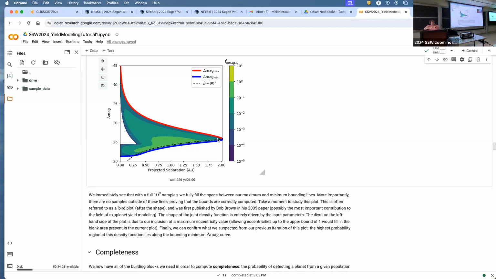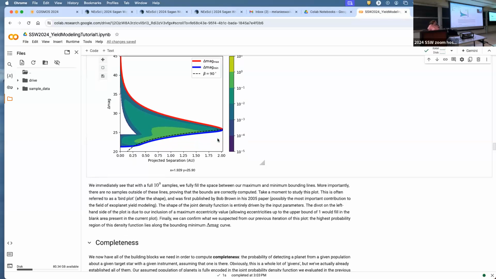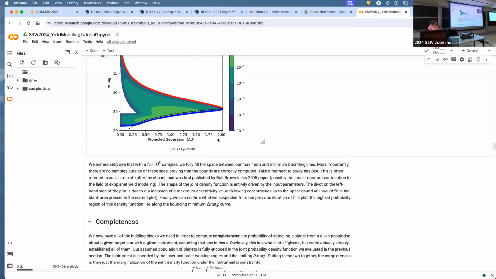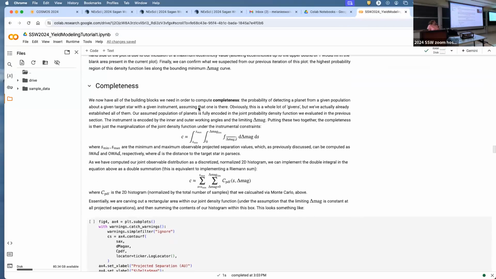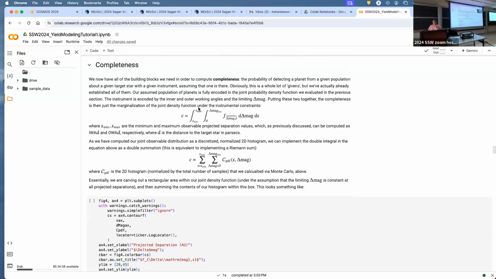But the idea is the same, that these are our two observables, separation and delta magnitude, and that they do form a joint probability distribution function. And still the highest density of probability is along the bottom line here, where it's brightest, thankfully. And that means that we are now in a position to be able to move on to completeness.